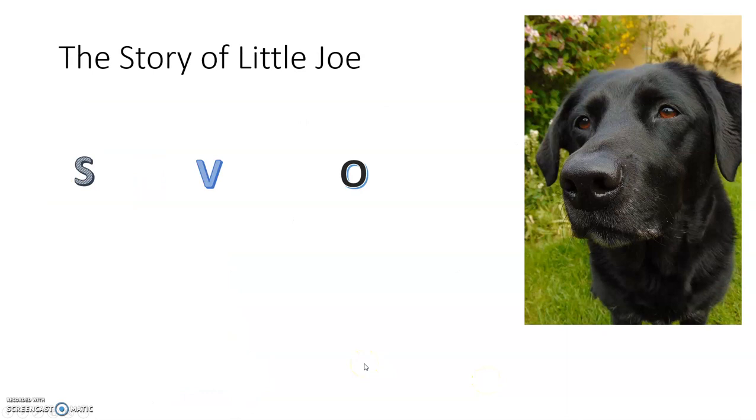Okay, I'm going to use the story of little Joe to make several examples with adjective clauses. Little Joe was a dog that my family had when I was a little girl, and the story happened when I was about 5 years old.